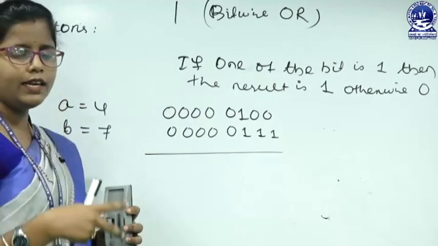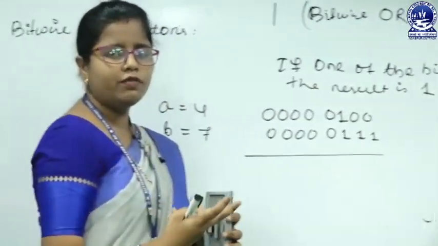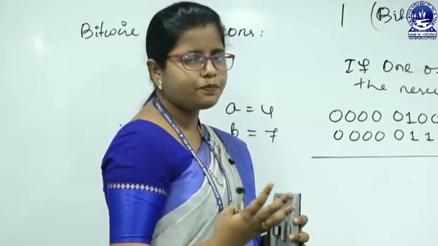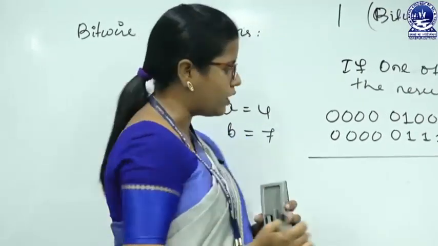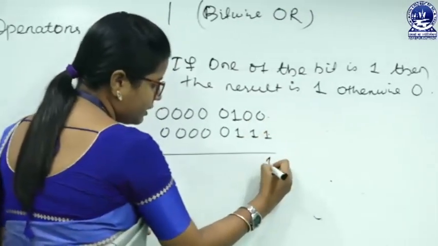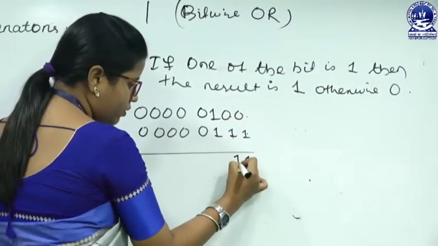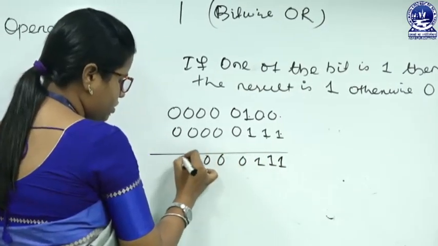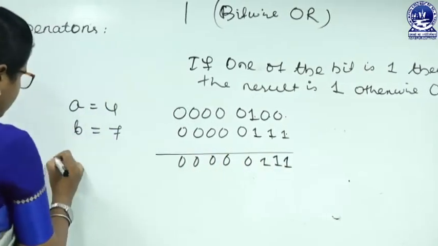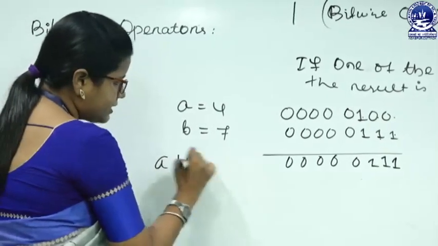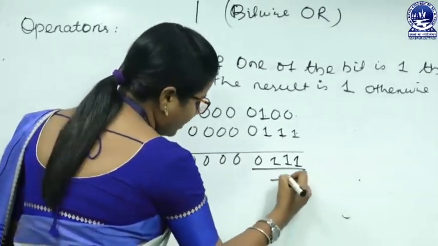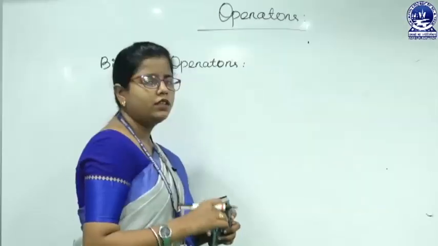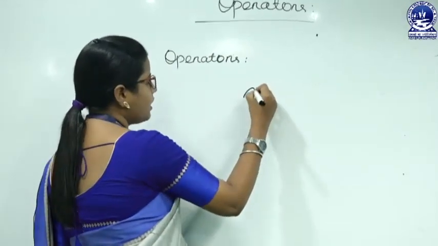So while comparing two bits, whenever we encounter a 1 bit, the result is 1. So 0 1 means 1, 0 1 1, 1 1 1, next 0 0 0 0 0. So A OR B results in the equivalent of 7, equals 7.